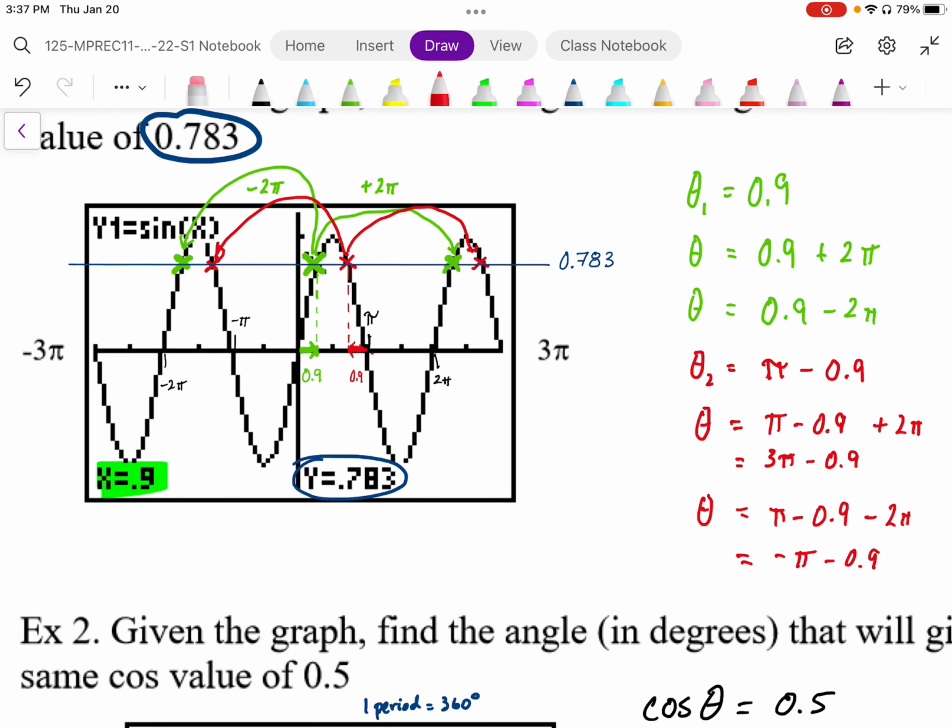That would represent this position right here, the last one that I did. That position is negative pi minus 0.9. And we can see that if we start at negative pi and we go backwards 0.9, we're going to end up at that x position that gives us the sine value of 0.783.